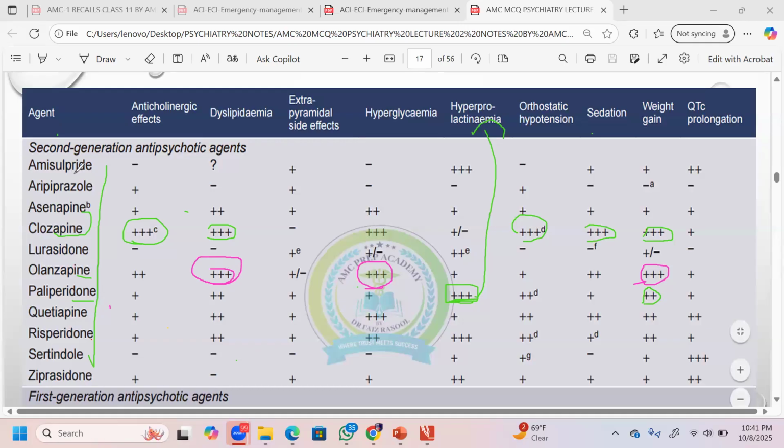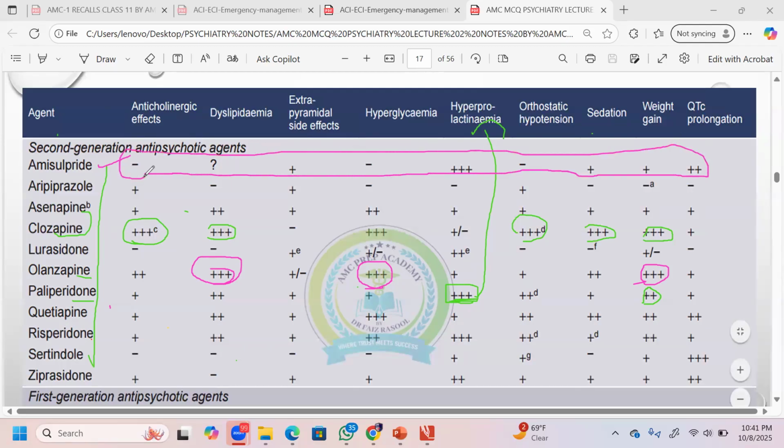And you can see here that from all atypical antipsychotics, only amisulpride has very, very few adverse effects. Only hyperprolactinemia, the others are less adverse compared to other antipsychotic medication.